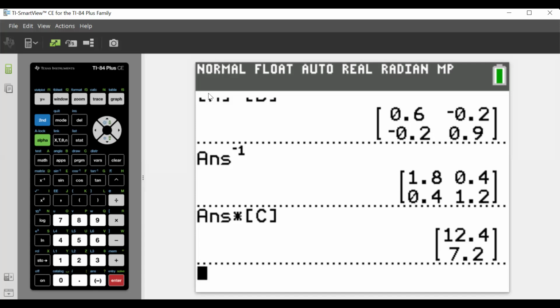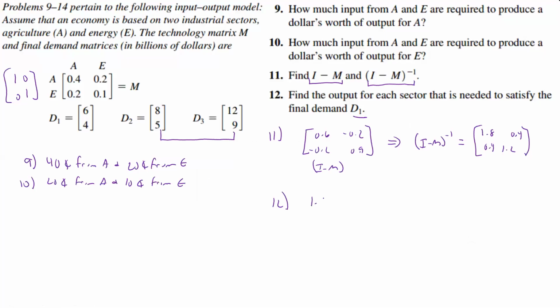All right, so 12.4 and 7.2. And that means the final demand is going to be this, in billions of dollars. This one is from ag, and this one is energy. Okay. And so that's how we would find it.